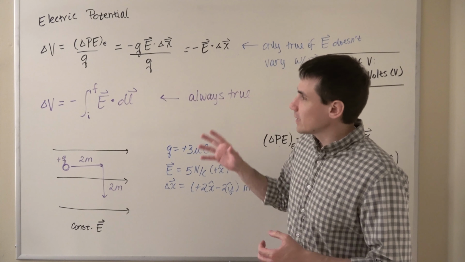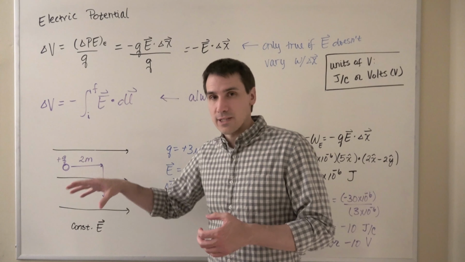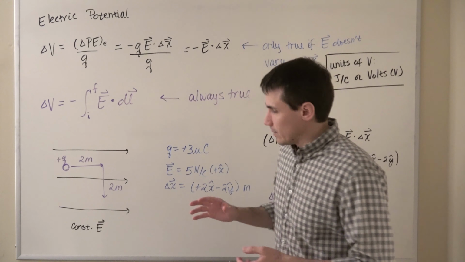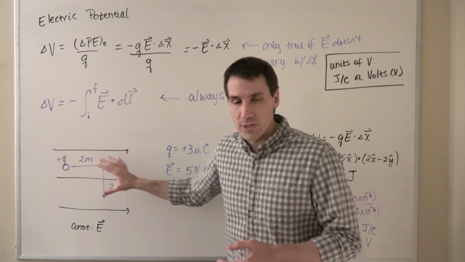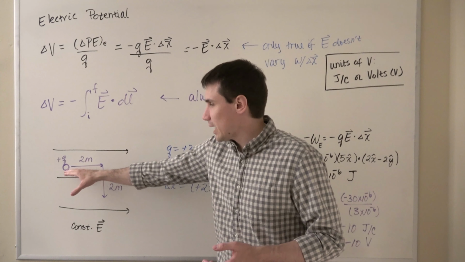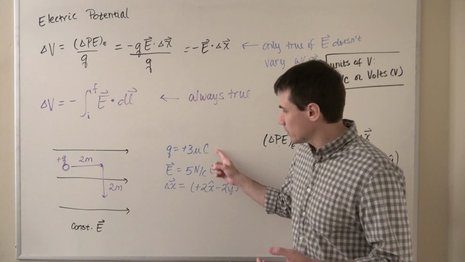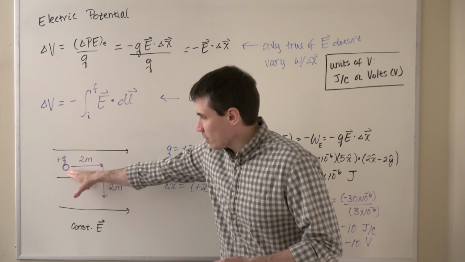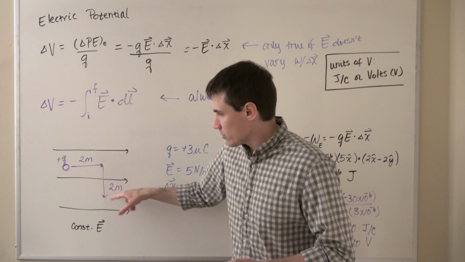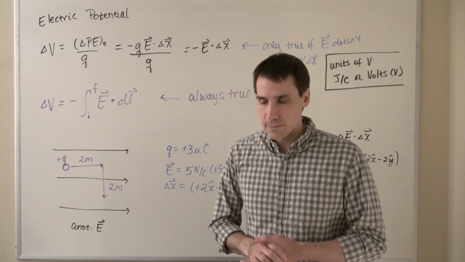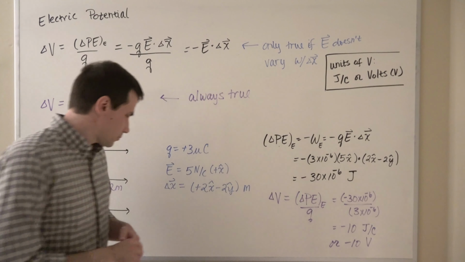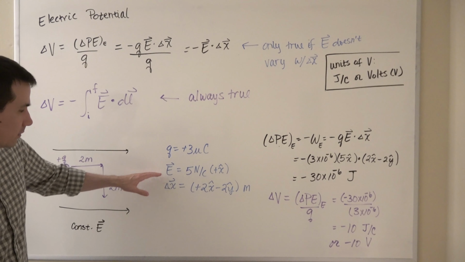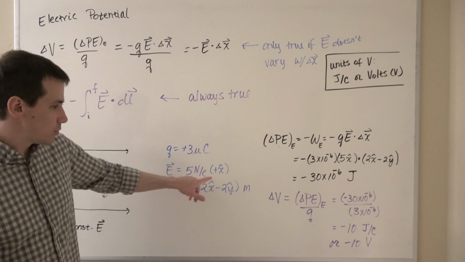Okay, now let's do an example of using the electric potential and see how it varies from the electric potential energy. All right, so imagine that we have an electric field pointing to the right. We have a positive charge here in that electric field of a value 3 microcoulombs, and it moves from its initial location over 2 meters to the right and down 2 meters. Now, using this information, we can write our charge electric field is 5 newtons per coulomb x hat.